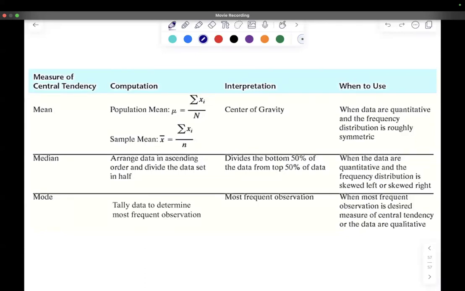For median, if it's quantitative and we are skewed either left or right, use median. If we have qualitative, categorical data, if our data is not quantitative, we will use mode. Or if you want to know which thing shows up the most, then you would use mode. We don't use mode a lot.